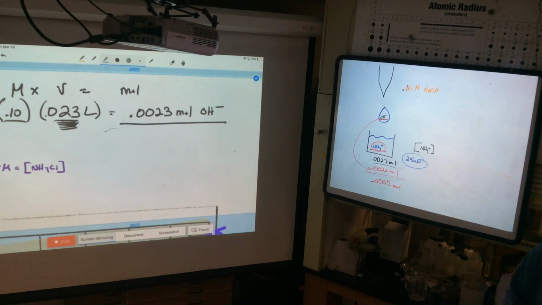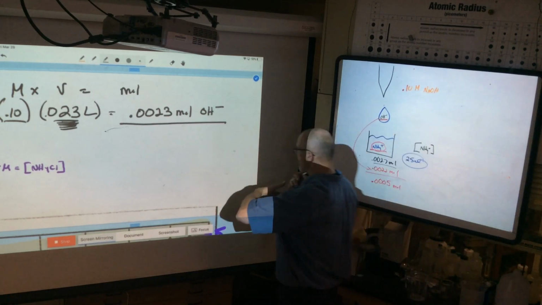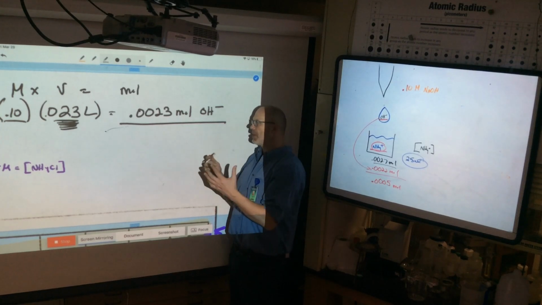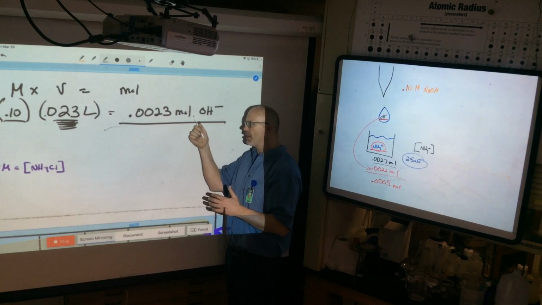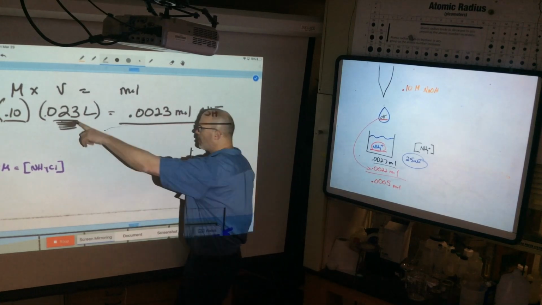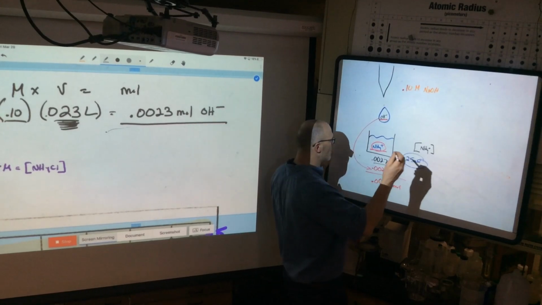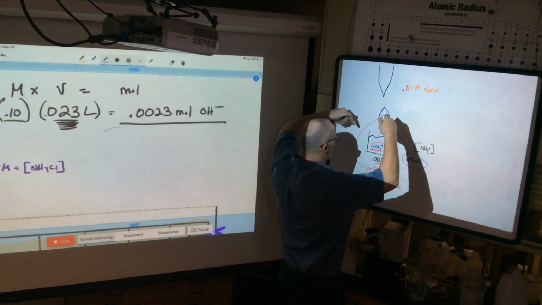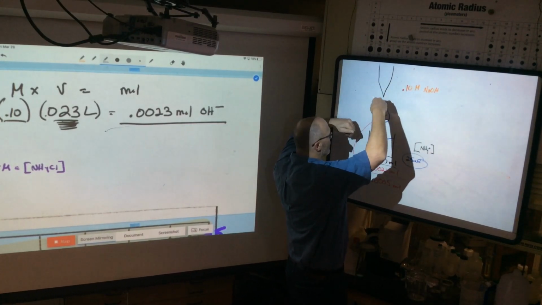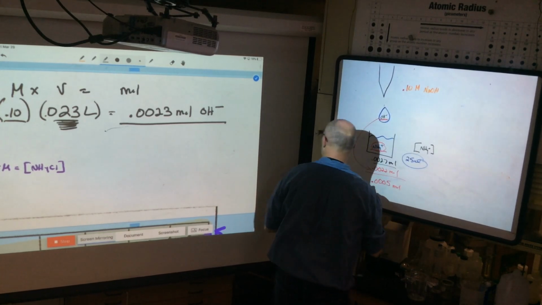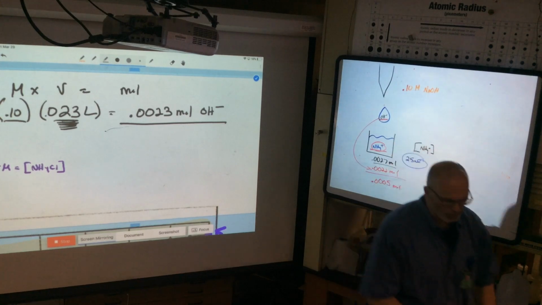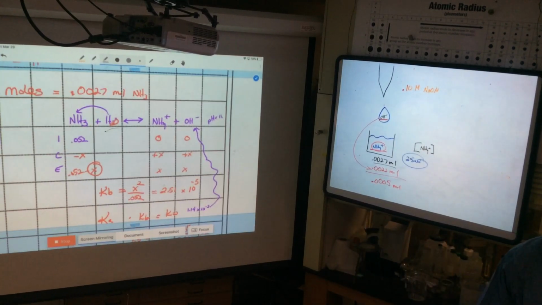What are we looking for? We're looking for the pH. What can we get from the pOH? The pH. But in order to get the pOH, we need the molarity. What is the volume? It is not 0.023. As we added more base from the burette into the beaker, the volume got bigger. At this position, how much volume is in the beaker now?